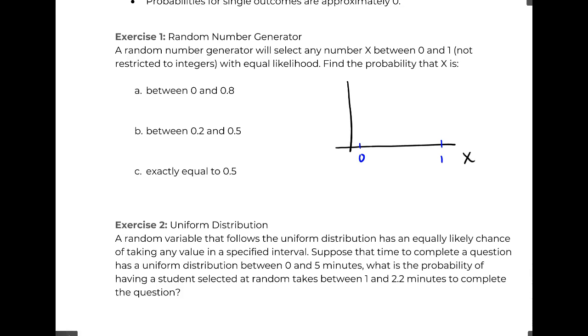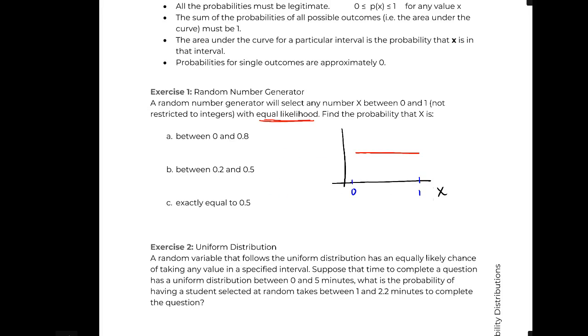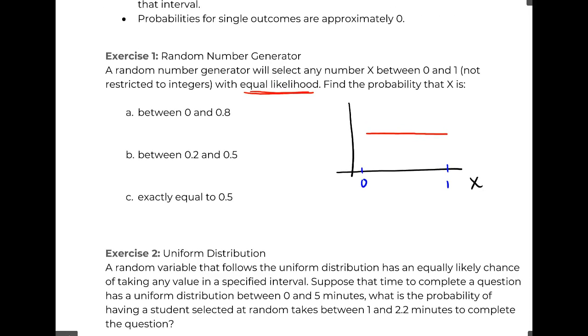And we also have this idea that they're equally likely, right? Equal likelihood. So whatever our curve is, it's a straight curve. It's not higher at any value than it is in another. And then it drops to 0 outside of this range. So this is our curve. Not much of a curve, but that's what it is.